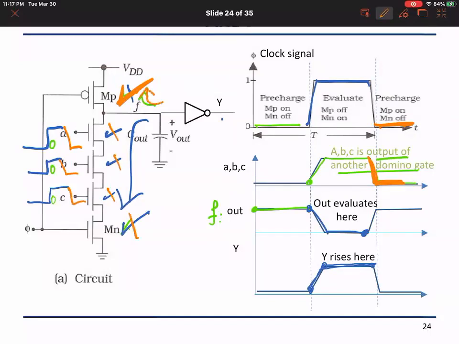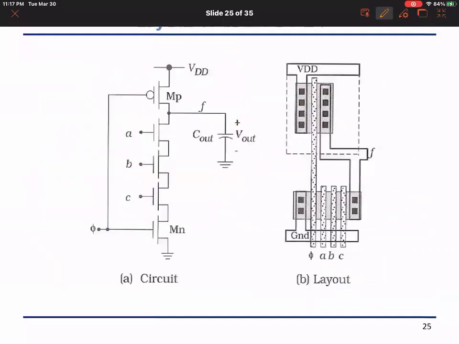Therefore, we're going to pre-charge the output again, and by inversion this is going to drop back to 0. So you will see that the final output here is really going to be a pulse that evaluates to 1 during evaluate in this scenario.